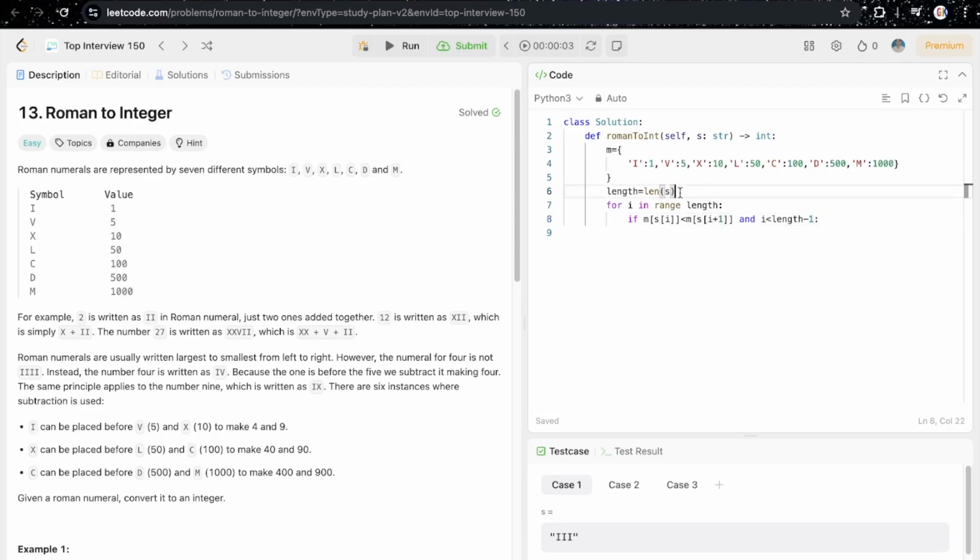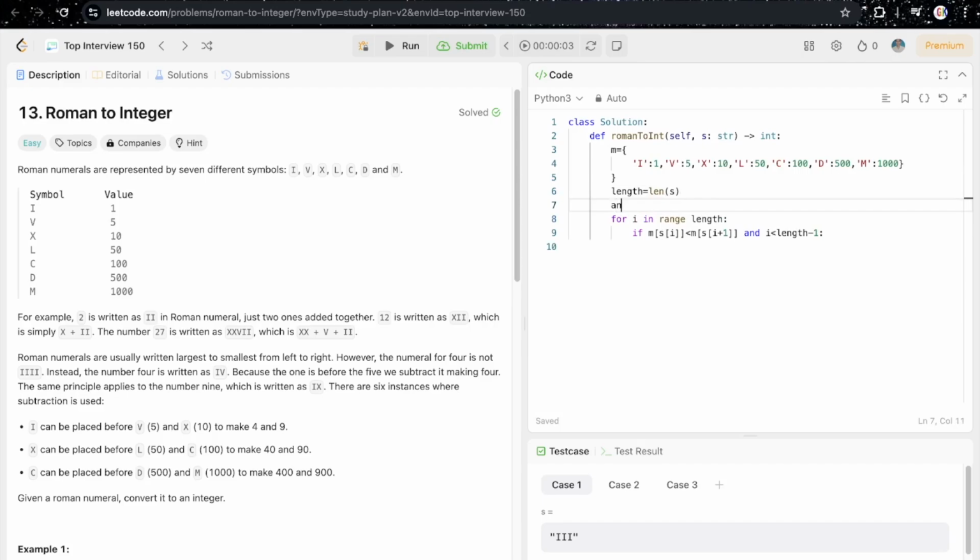I take one more value for returning the answer, so answer equal to 0. So in this case what will happen? Answer minus m of s[i]. We have to subtract if the left side is smaller, like XL: then we will subtract X, and then we will add L. So minus 10 plus 50, this will be 40.